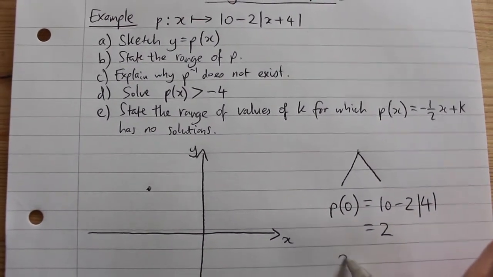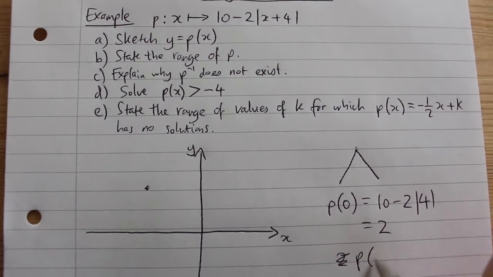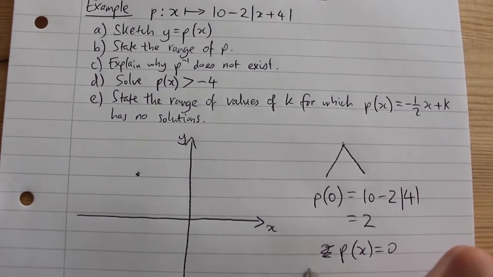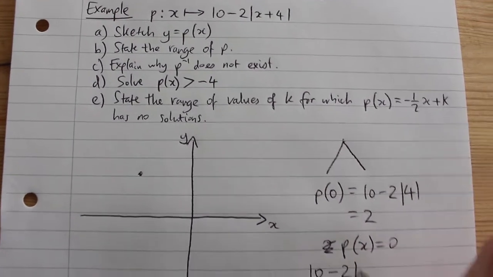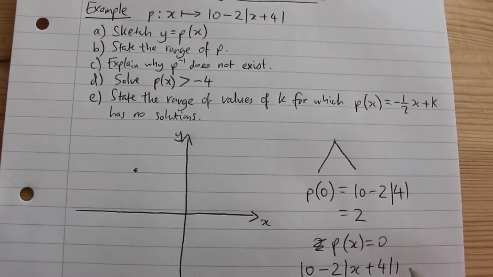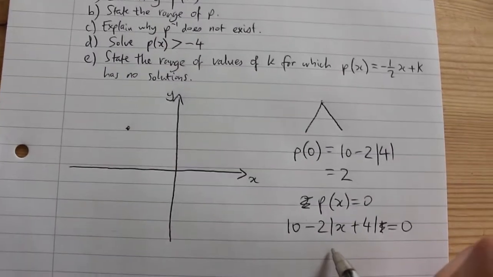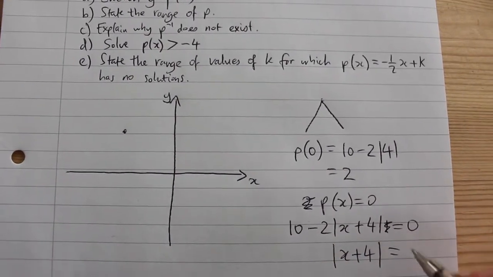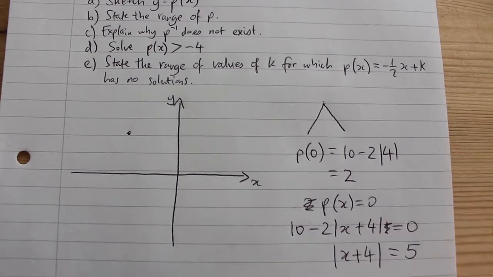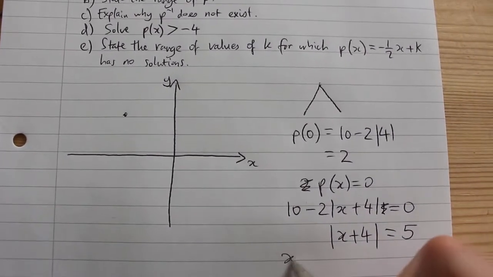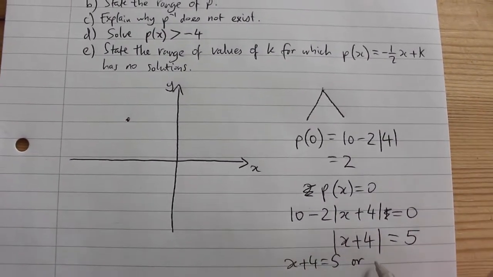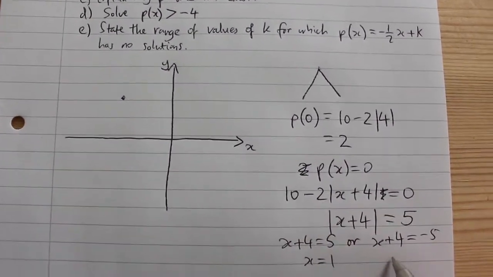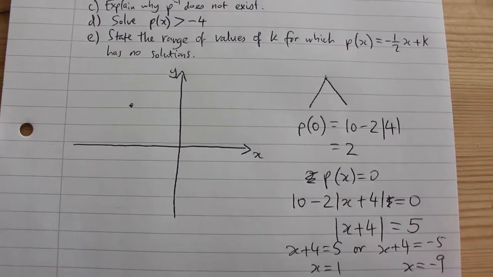And if p of x is 0, then we have that 10 minus 2 times the modulus of x plus 4 equals 0. So the modulus of x plus 4 would be 10 over 2, which is 5. So either x plus 4 is 5, or x plus 4 is minus 5. And this gives us x is 1, or x is minus 9.